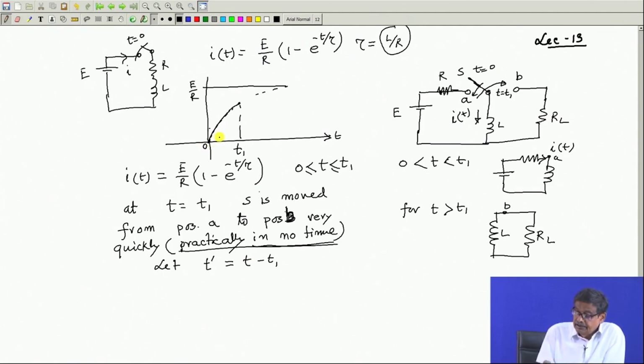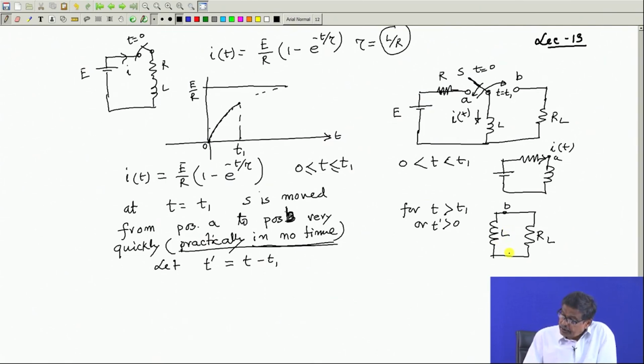So, that is t, and let me define another variable t dashed, which is this t, a time shifted thing, that is beyond this time. So, for t greater than t 1 or t dashed greater than 0, this is the circuit, same circuit, t dashed is this, and then I have to find out the current.